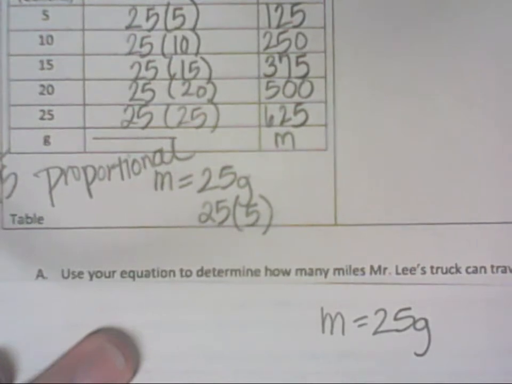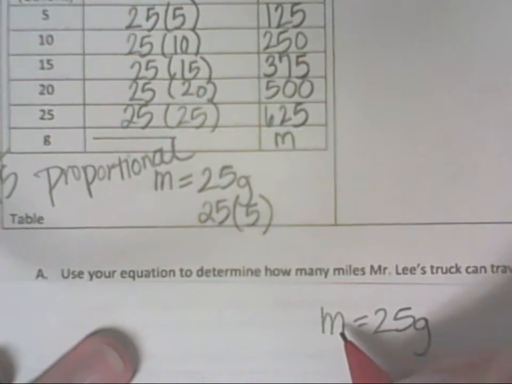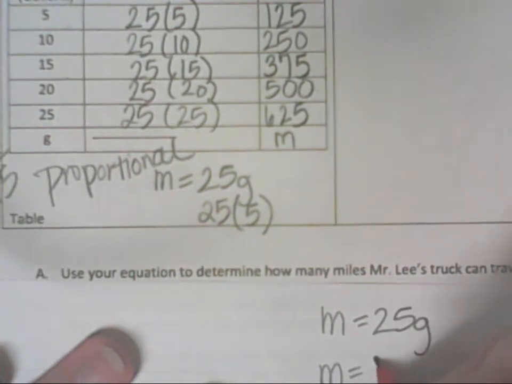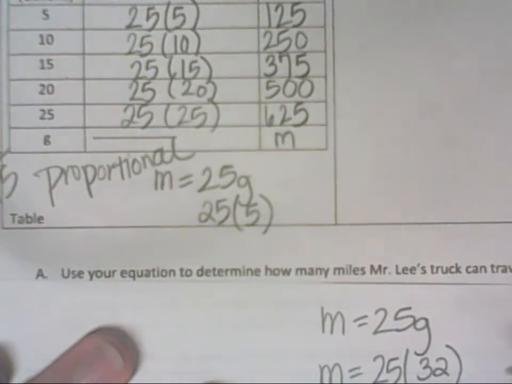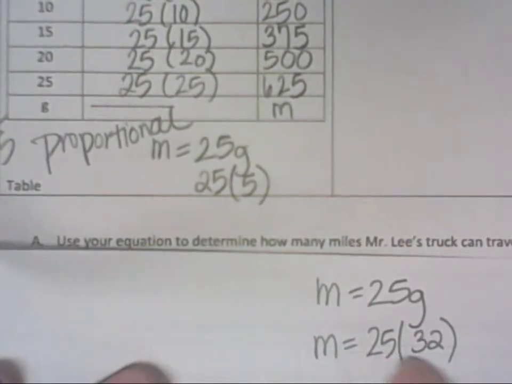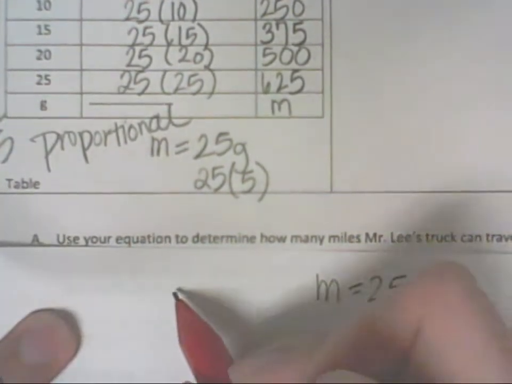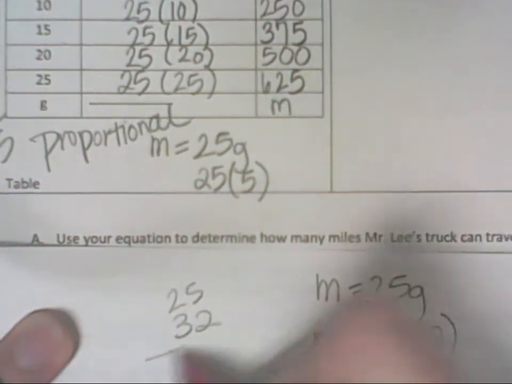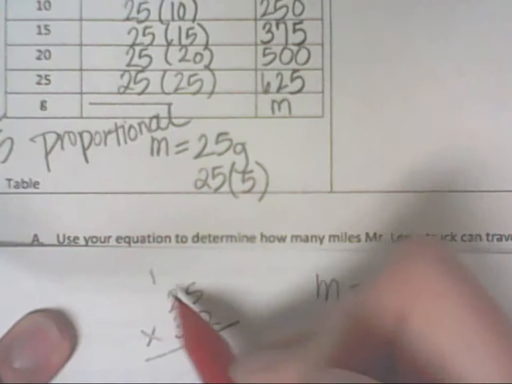And on question A, it says that we're going to travel on 32 gallons. So if it's 32 gallons, do I want to substitute 32 for M or for G? Yeah, I want to put 32 where G is because that is for my gallons. And in my equation, two things side by side means to multiply. So I'm going to come out to the side and I'm going to multiply 25 times 32.